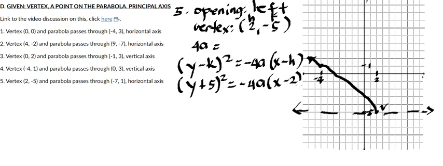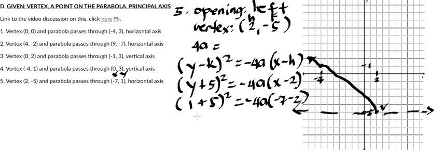And then replacing x and y. Our y there is 1 plus 5 and squaring that, equal to negative 4a times, replace x with negative 7 minus 2. Then simplifying, this is now 6 squared equal to negative 4a times negative 7 minus 2, that's negative 9. 6 squared is 36.